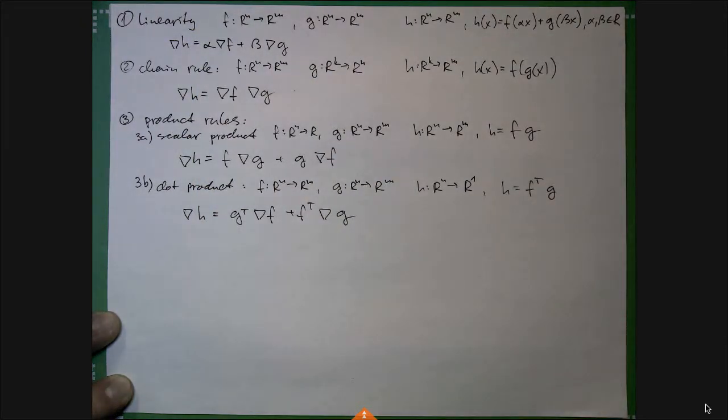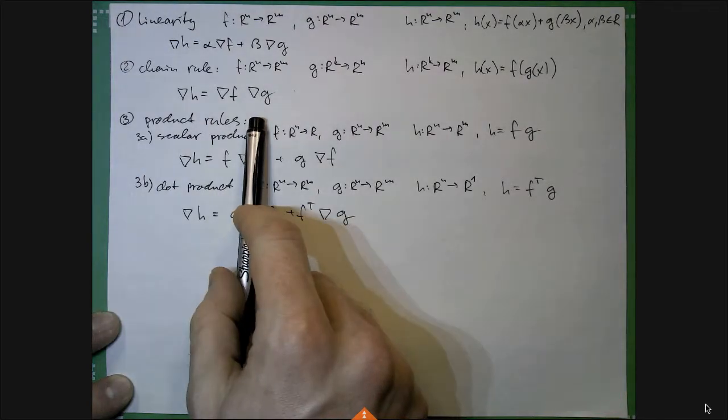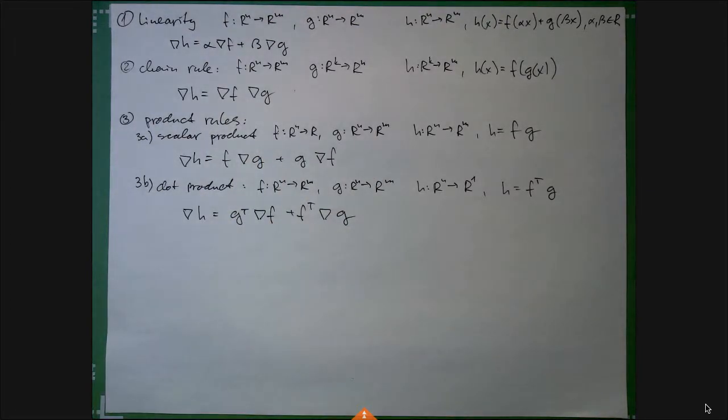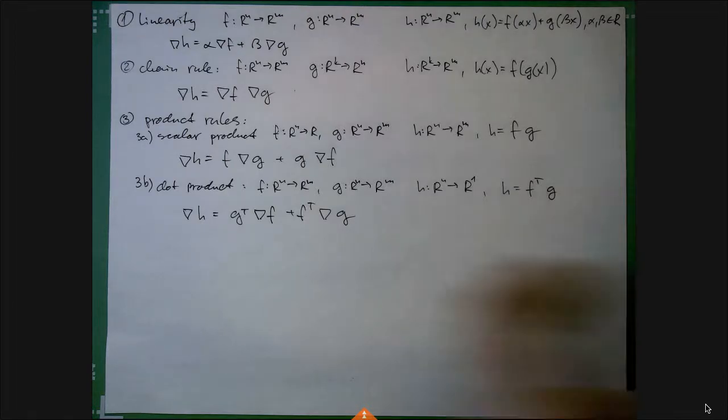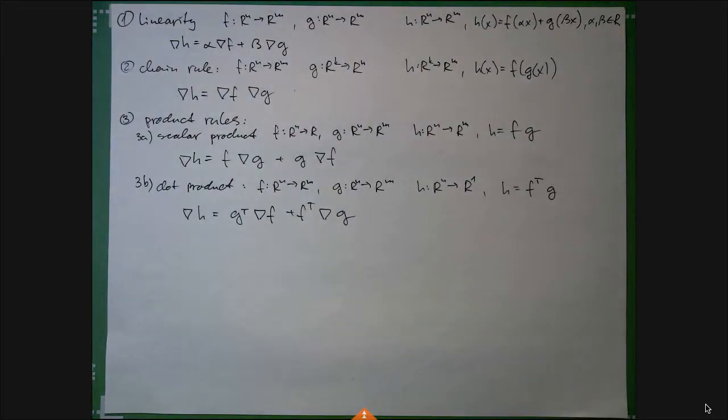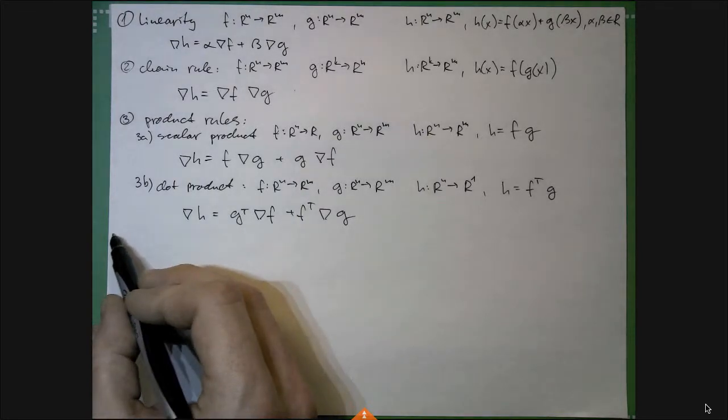I decided not to make the notation cumbersome, but always keep in mind that whatever differential operator you're evaluating, it's always at some given point. In this case, we of course assume that the point is exactly our P and Q. So that's where we are differentiating. So let's apply these rules.